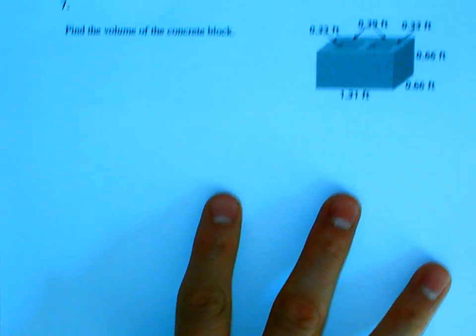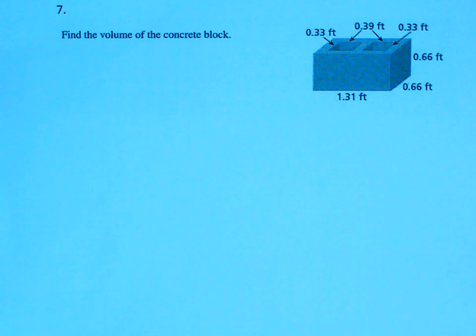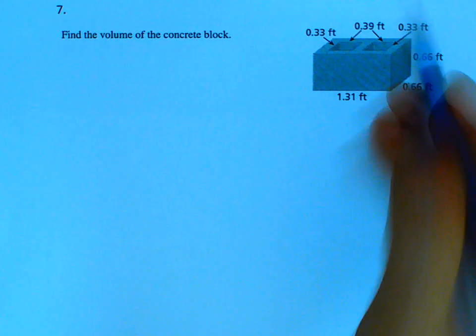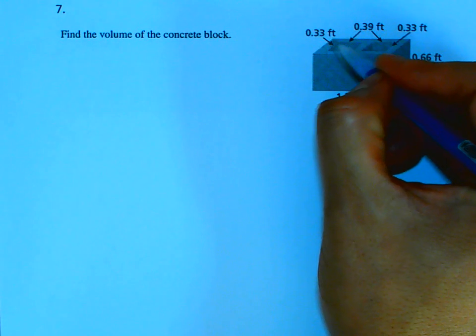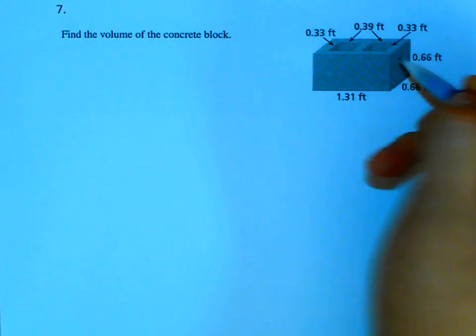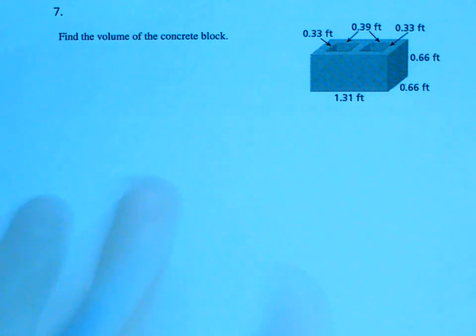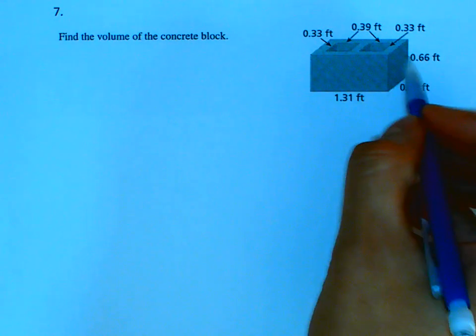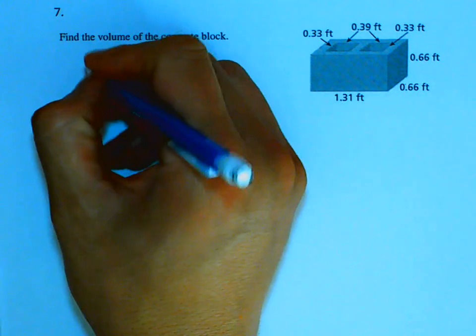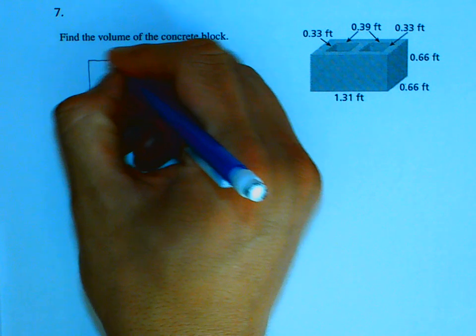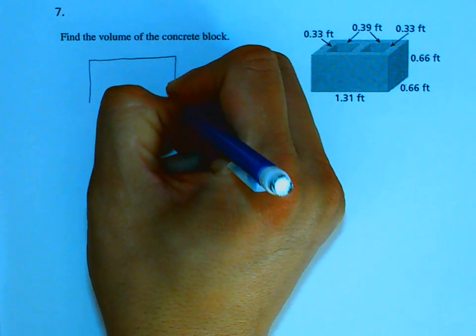Now, the last problem is a little bit more involved because it wants to find the volume of the concrete block. What we need to do first is find the area of the top face. The top face and the bottom face are pretty much the same thing. This thing is hollow. So if I look at the top dimensions, I'm going to redraw it right here. Okay.